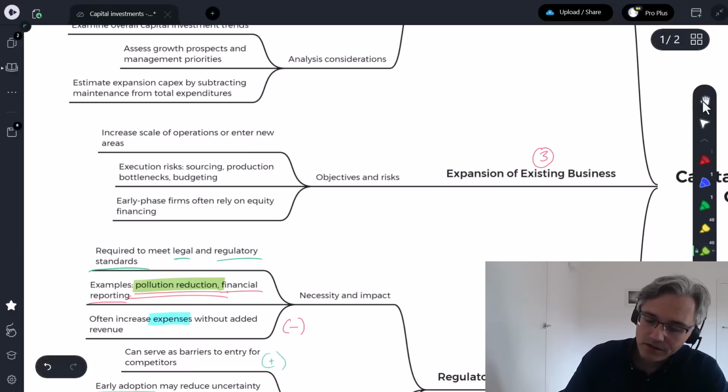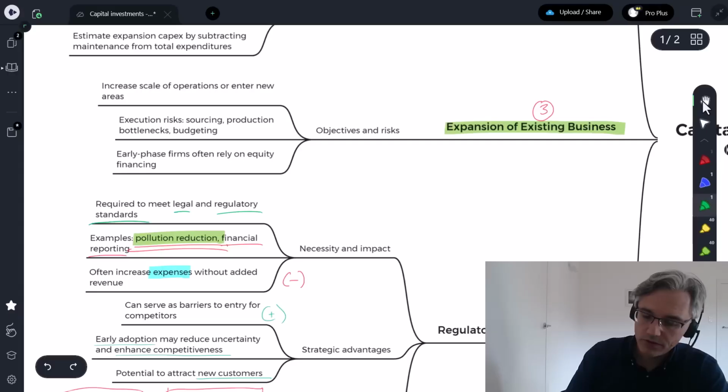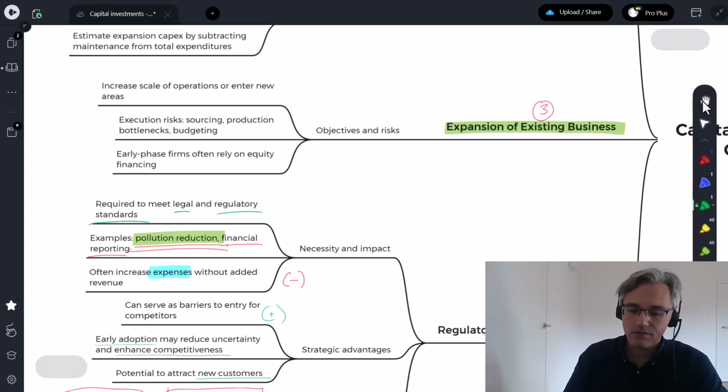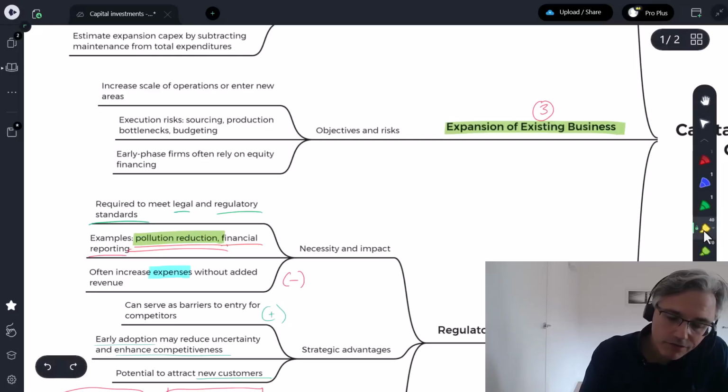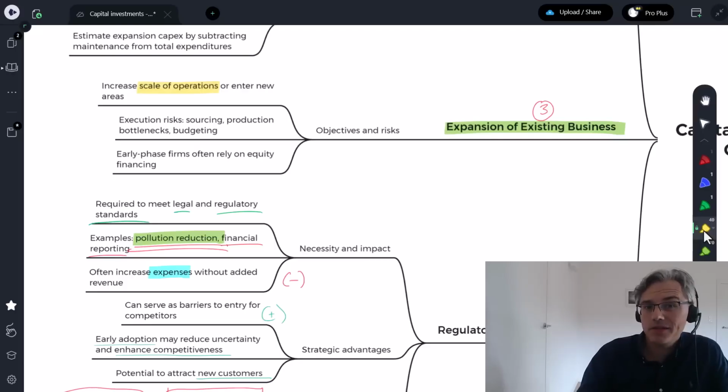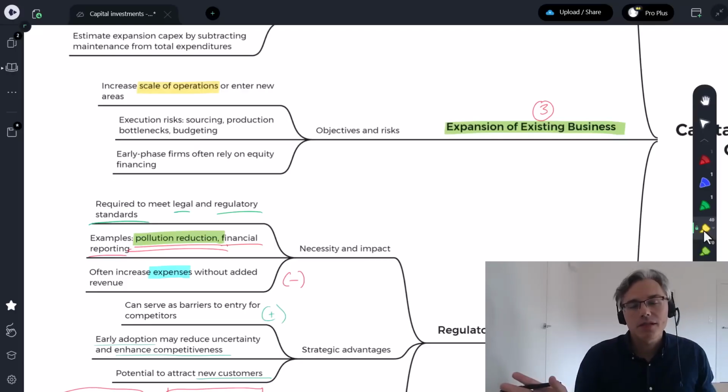Now, the really exciting stuff is expansion, or going into a completely new line of business, which is what's coming next. Expansion is all about a business looking to grow, so to increase the scale of operations of existing business activities, but also expanding their scope to somewhat new areas, or actually entirely entering new areas of business.